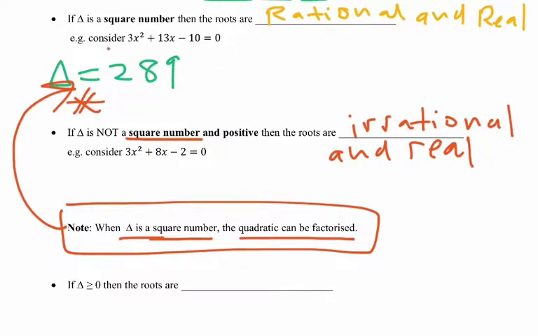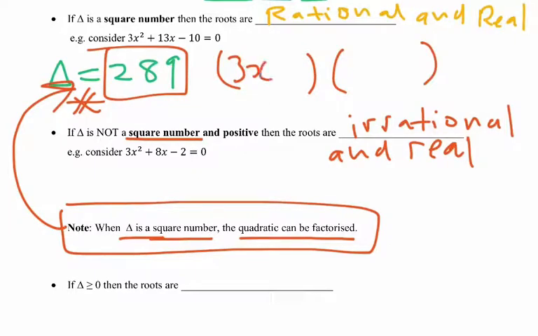So here's your delta as a square number. Delta is 289, and look, I can factor this. Have a look. 3x, x, and then I've got 5 and 2, positive and negative, equals 0.